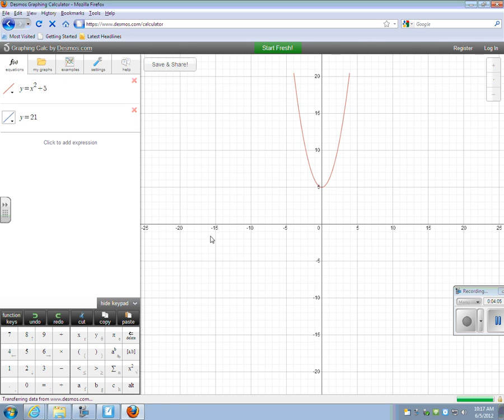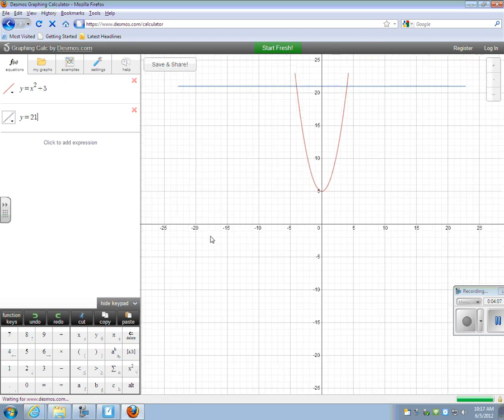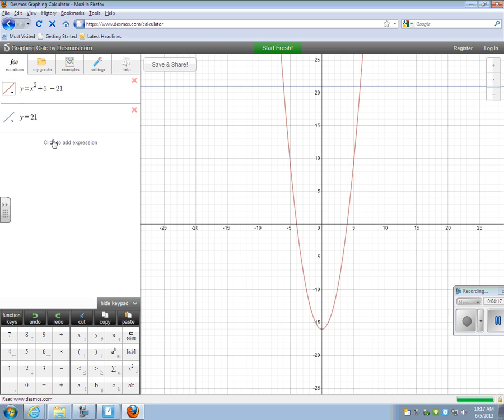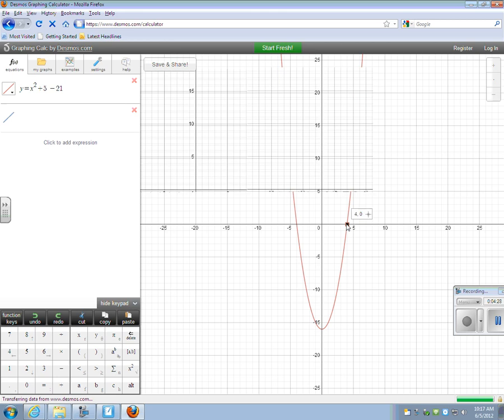So remember, we graphed that. Another alternative is we could have combined these two things. We could have subtracted 21. Remember, we got the values of 4 and negative 4. Well, check this out. When we put it as x squared plus 5 minus 21, its roots are 4 and negative 4.